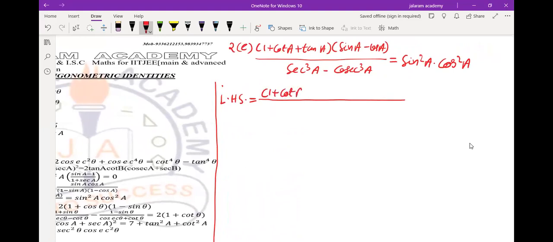(1 + cot A + tan A) × (sin A − cos A) over (sec³A − cosec³A).